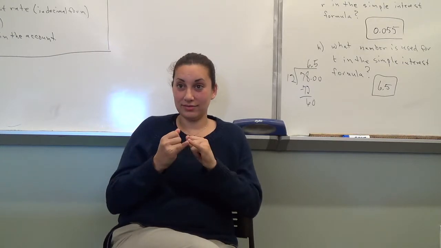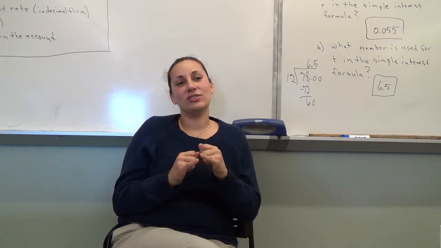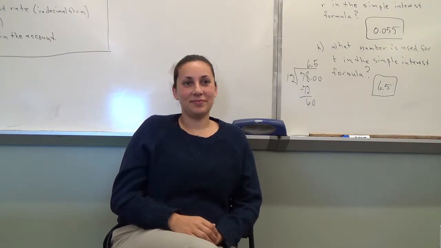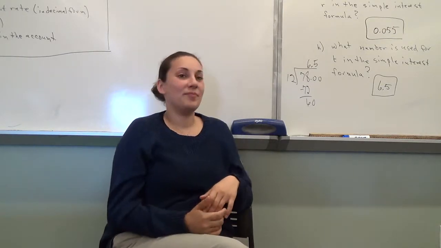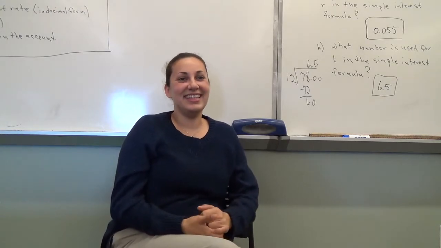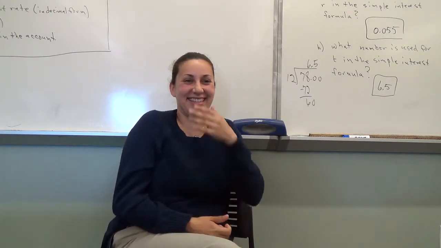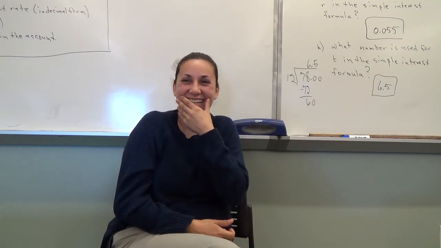And what do these other numbers mean? Well, R is still the annual interest rate. The T is still the time in years, so those haven't changed.